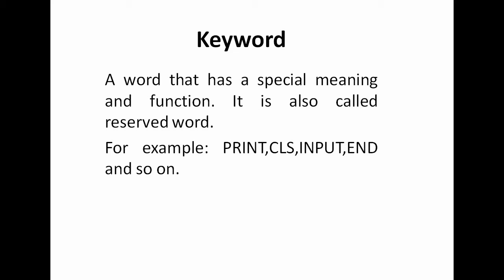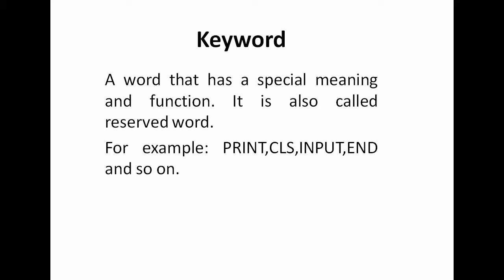Some examples of keywords are print, cls, input, and so on. What does print mean? Print means to display some output. After doing some calculations in our QBasic program, using the print keyword we can display the calculation results. Next, CLS. CLS means we can clear the screen.